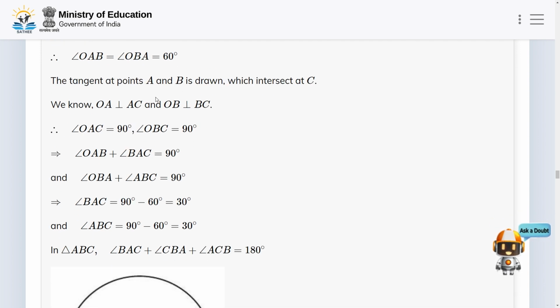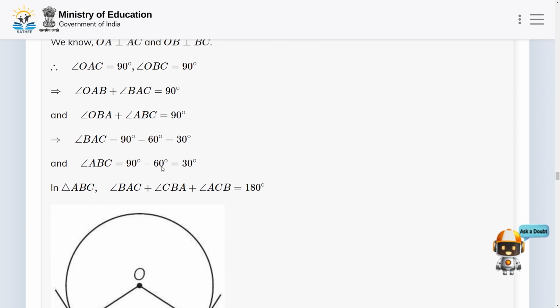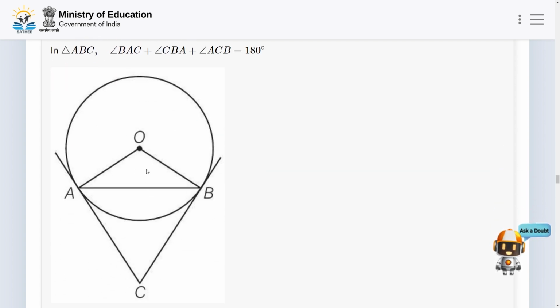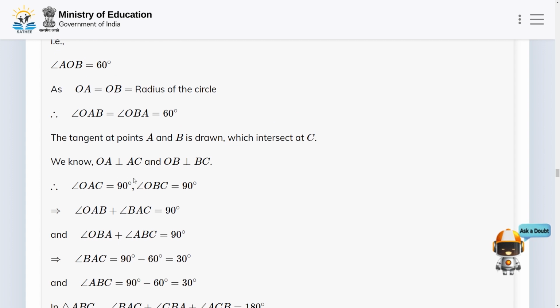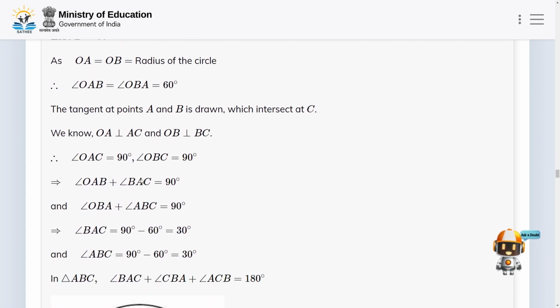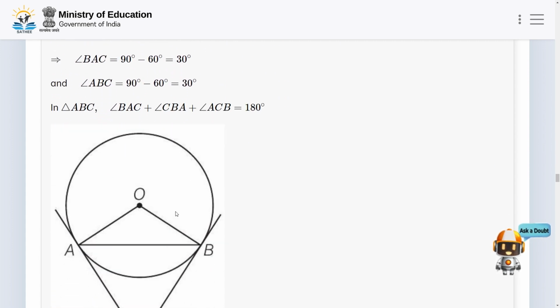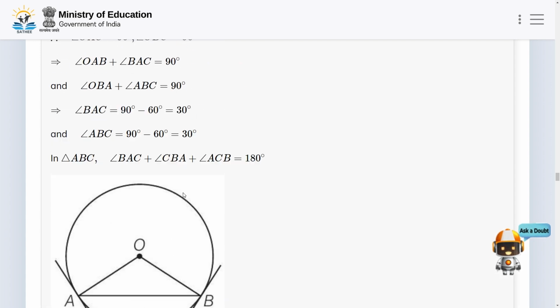The tangents at points A and B are drawn, which intersect at point C, and we know OA is perpendicular to AC, and OB is perpendicular to BC.